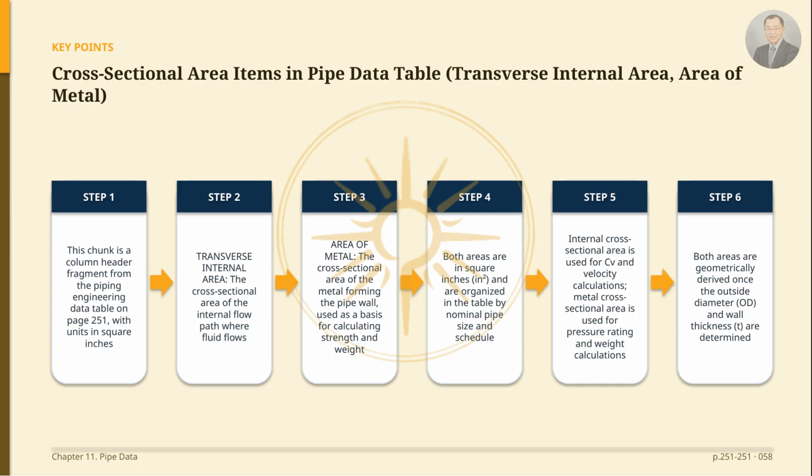Both areas are expressed in square inches and are organized in the table by nominal pipe size and schedule number. The internal cross-sectional area is used for CV calculations or finding flow velocity, while the area of metal is used for pressure rating and weight estimation. Once the outer diameter and wall thickness of the pipe are determined, these two areas are naturally calculated geometrically.